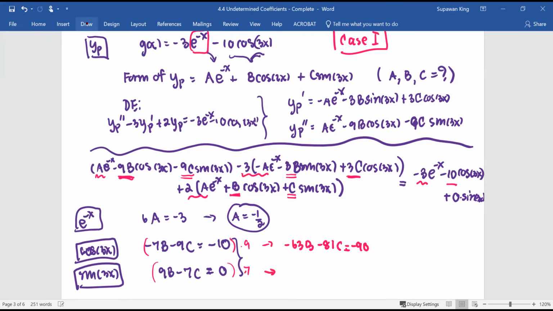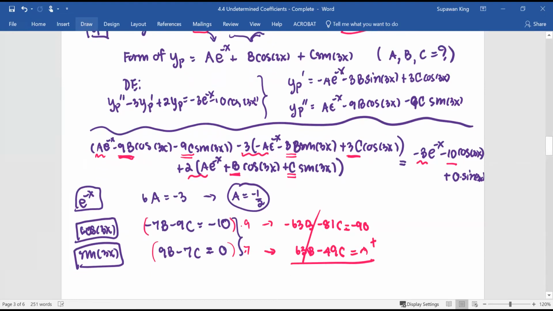And then the second equation is 63b minus 49c equals 0. Add them together. Then we get negative 130c equals negative 90, or c equals 9 over 13.